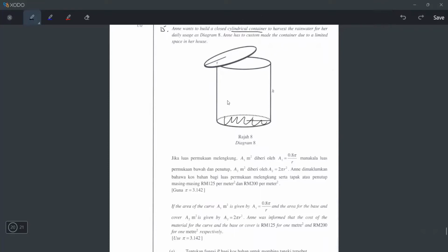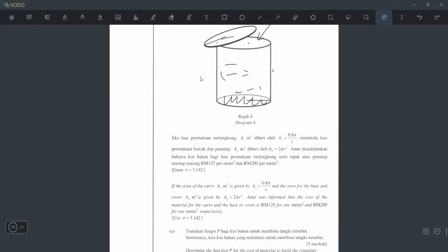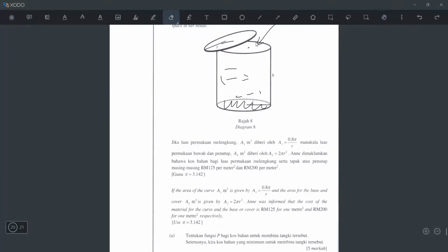Due to limited space in the house, Anne has to custom make the container. Nothing useful here, so I will just cover it. Not much information, and now this part is very important.